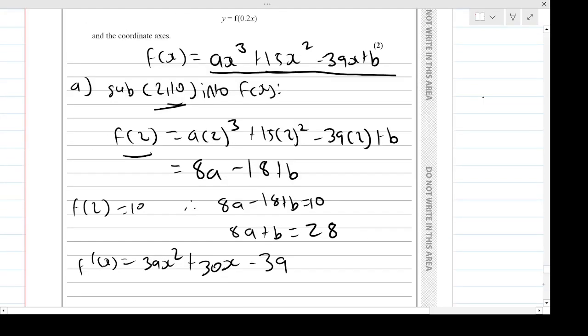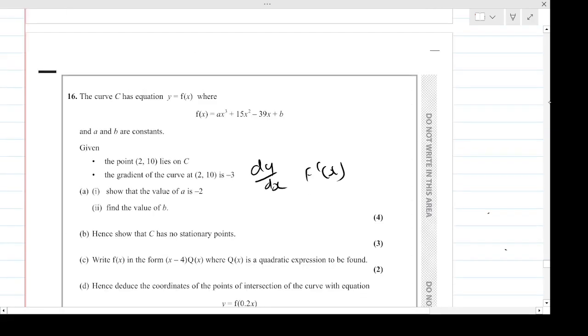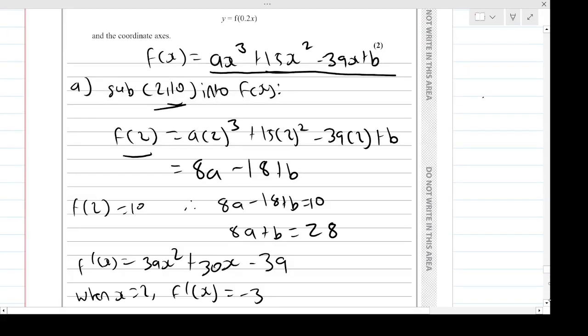Then I'm told the gradient at (2, 10) is minus 3, which means when x is 2, the gradient is equal to minus 3.